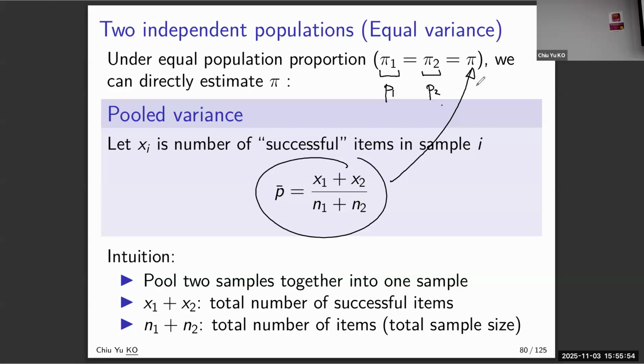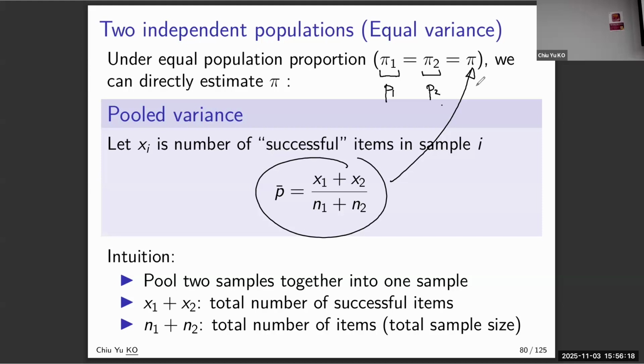If you say city 1 and city 2 have the same proportion, you don't really want to distinguish them, right? You just calculate how many people say yes and how many people in these two cities, and they're done, right? Because there's no difference between them. Because with proportion data, the difference is the number of people who say yes, right? So you can do this. It's called the P bar.